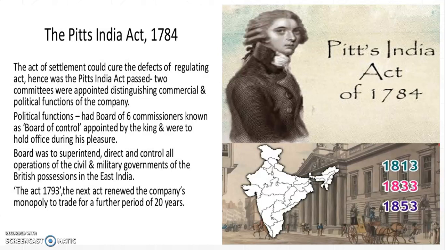In 1813, 1833 and 1853, that is after every 20 years, as you can see on your screen, new laws were passed by the British Parliament to make certain changes in the working of the company. The Act of 1793 renewed the company's monopoly of trade for a further 20 years. In this way, they evolved an indirect control of the British government on the administration of the East India Company.